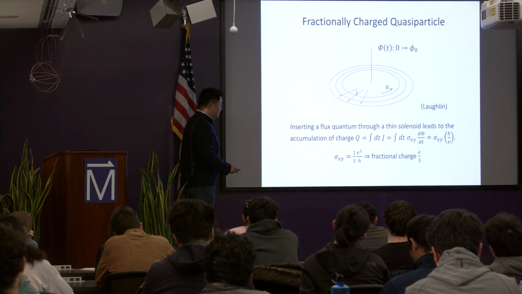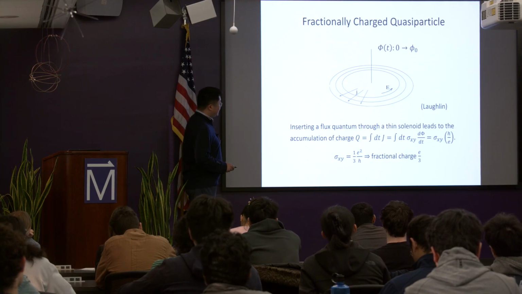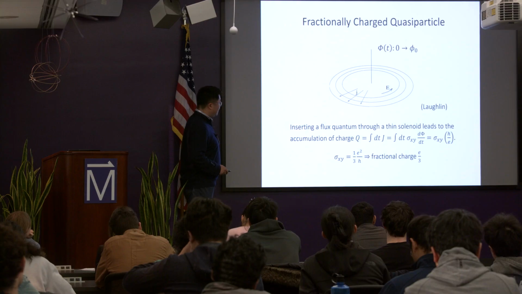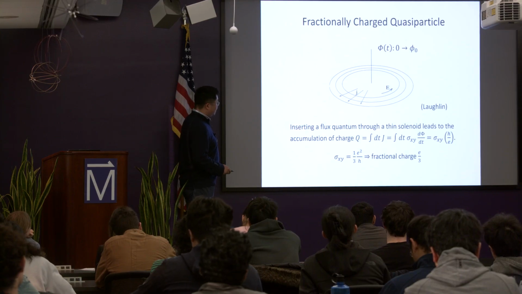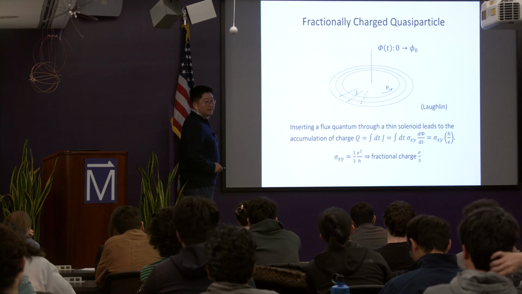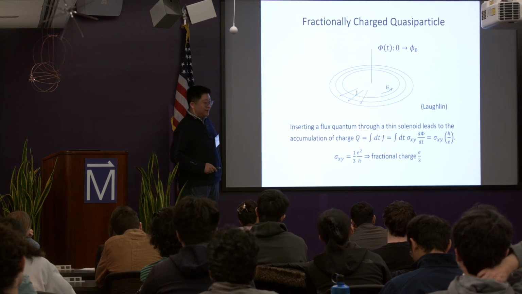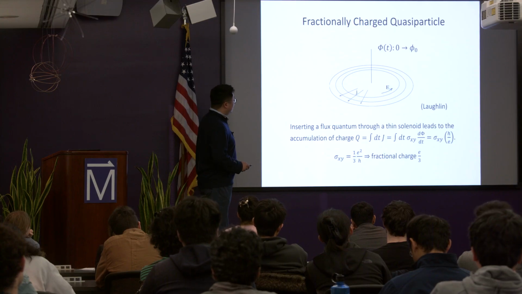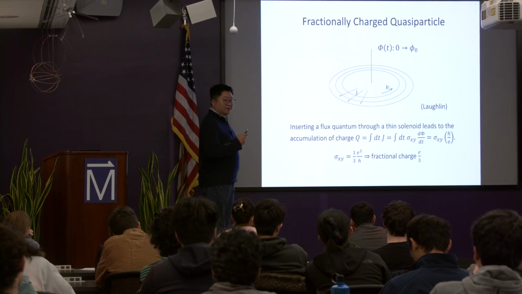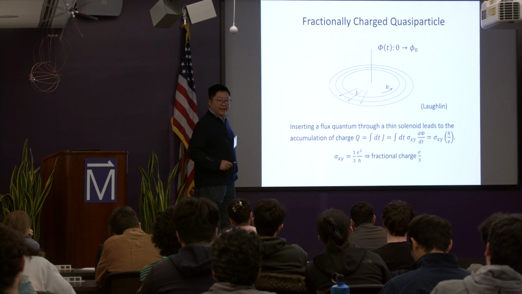So if the Hall conductance is, for example, 1/3, then this immediately says that after this flux pumping, we get a minus 1/3 fractional charge at the origin and a plus 1/3 charge at the boundary of the sample. So why 1 flux quantum is important is because after threading 1 flux quantum, one can perform a gauge transformation.